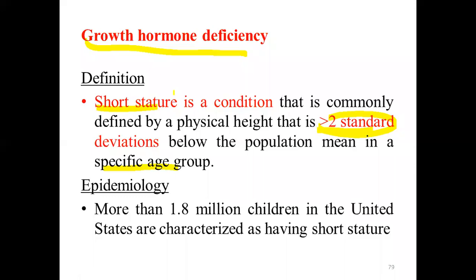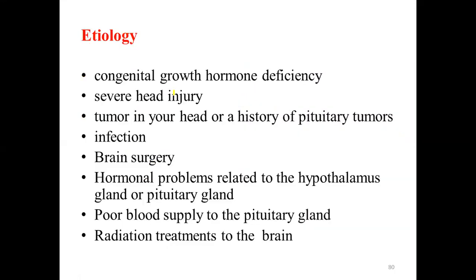Anyway, now let me take you through growth hormone deficiency. The most common etiologies are usually congenital growth hormone deficiency, something related to inheritance from the mother or maybe to uterine development. Then severe head injury, tumor in the head, and any history of pituitary tumor, meaning the anterior pituitary is affected in producing the hormone.